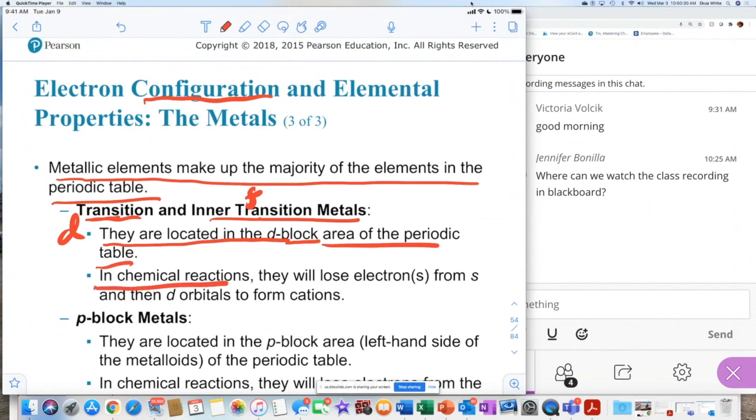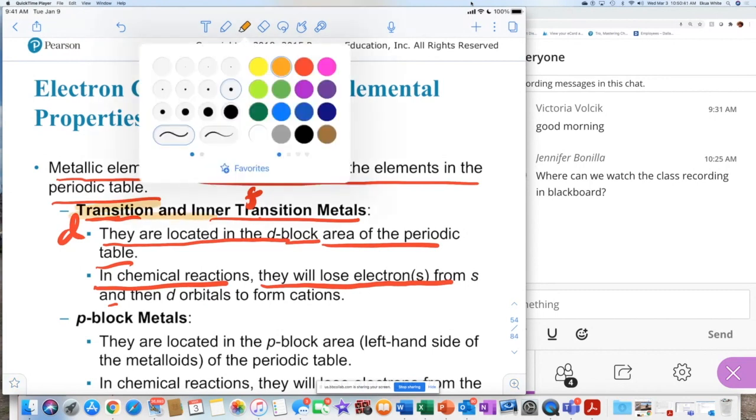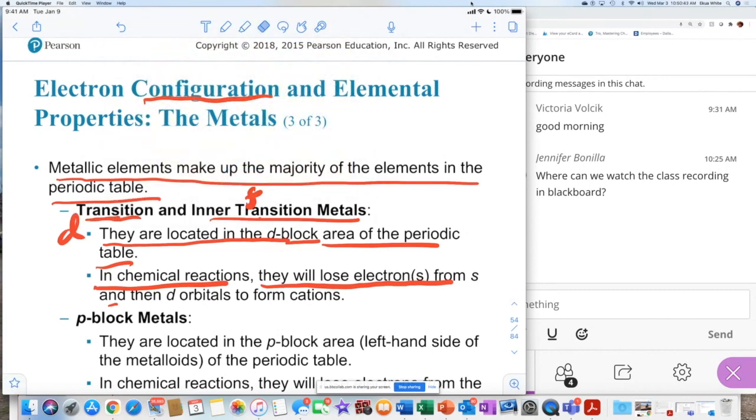In chemical reaction, metals will lose electrons from S. Actually, this is referring to transition metals, right? These ones right here. Oh, I want the brighter yellow. This is not bright enough. I want it bright. Transition and intertransition metals lose electrons from S first, then D orbitals to form cations.